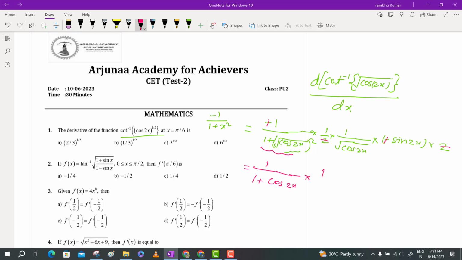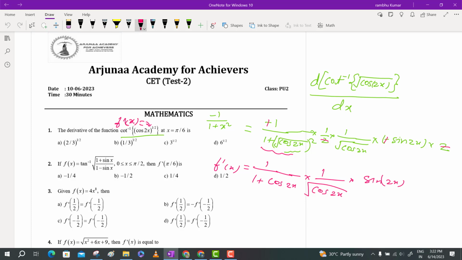Now this will become 1 by cos 2x root under, and then we have sine 2x. So this is nothing but our f dash x, if you assume this is f of x.